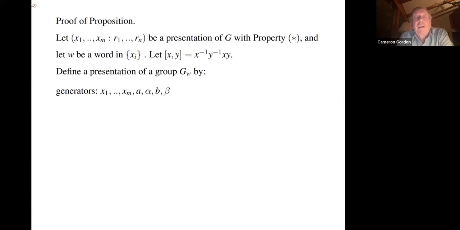I take the same generators x1 through xm of G, and I throw in four more: A, alpha, B, and beta. Those are the generators. And what are the relators? I'm still going to keep the relations in G, R1 through Rn, but then I'm going to throw in some more.